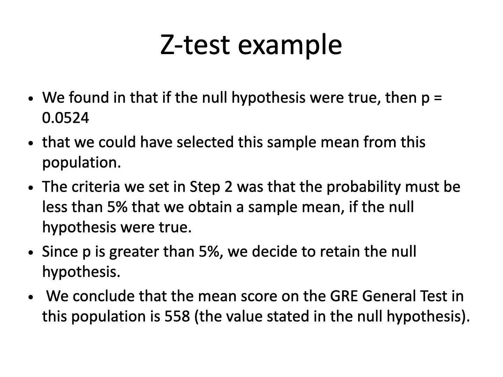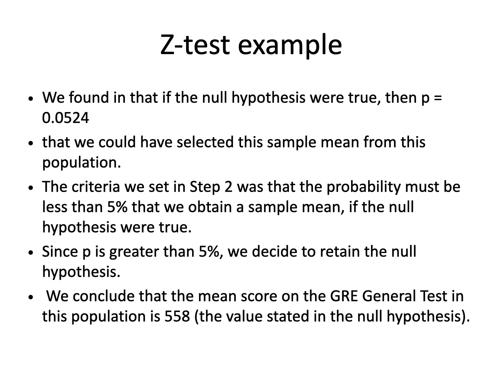We can see here that we have found the p-value to be 0.0524. This was the probability that we could have selected this sample mean for this population.